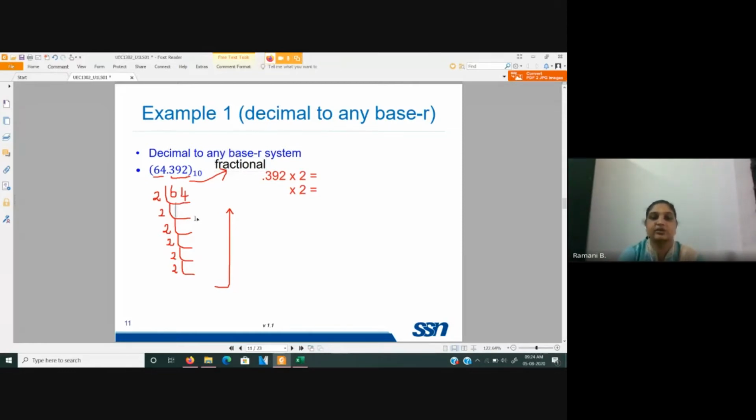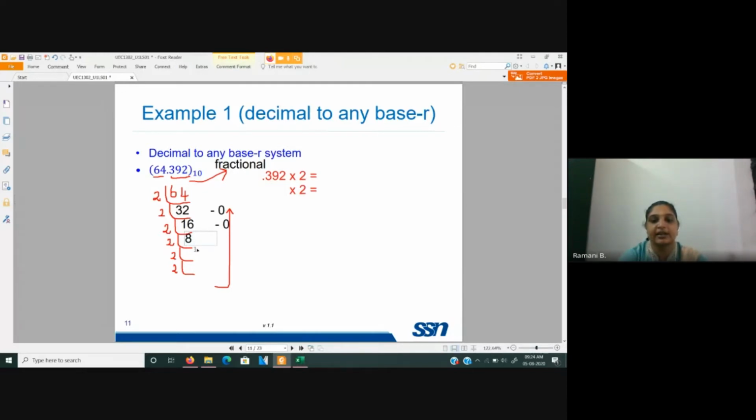Dividing 64 by 2, we have 32 as the quotient and remainder 0. Now we divide this quotient by 2 again; 32 divided by 2 gives a remainder 0 and the quotient 16.